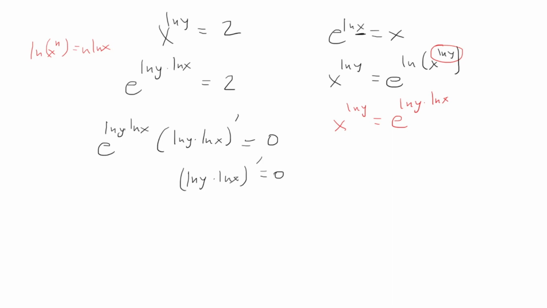For that, we're going to use the product rule. So we want to take the derivative of ln of y, which is 1 over y times y prime, times ln of x, plus the derivative of ln of x times ln of y, which is equal to 0. Solve for y prime. First, let's move the 1 over x ln of y to the other side.